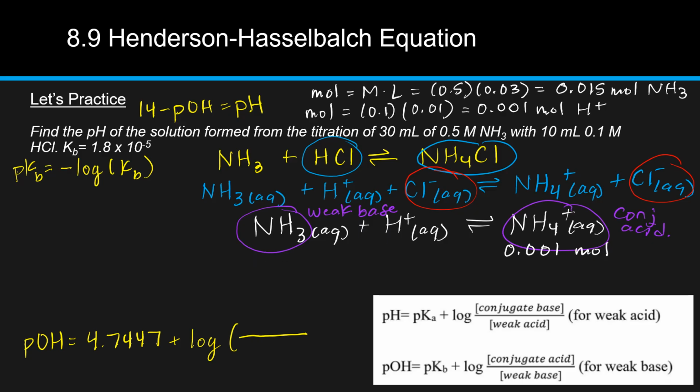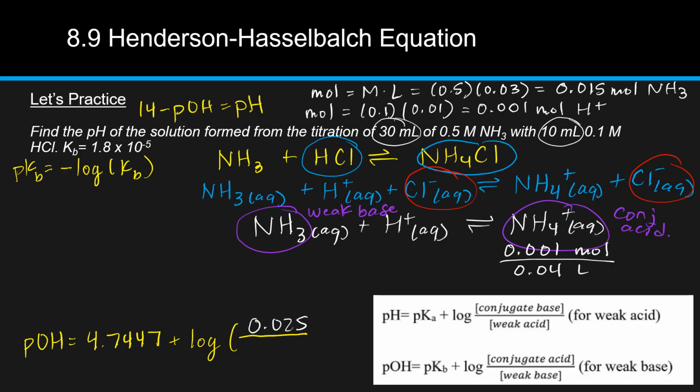So now that we know in this buffer solution we have 0.001 moles of our conjugate acid, we're just going to divide that by our total volume, and that will give us concentration for the numerator. Total volume is going to be 30 milliliters plus 10 milliliters, which is 40 milliliters, so 0.04 liters.